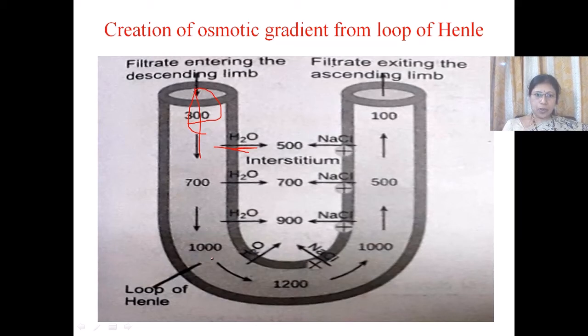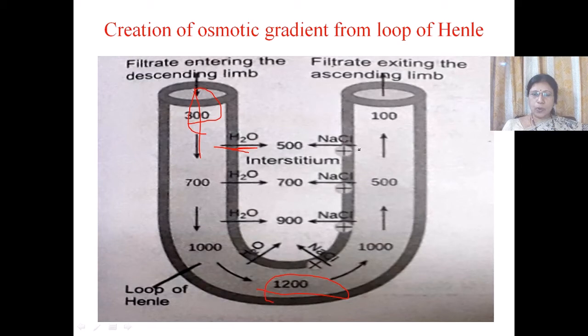So as it goes down the hairpin loop, the concentration will be at maximum, that is 1200 milliosmoles per liter. While the ascending limb of the loop of Henle is permeable to salts but not permeable to water.